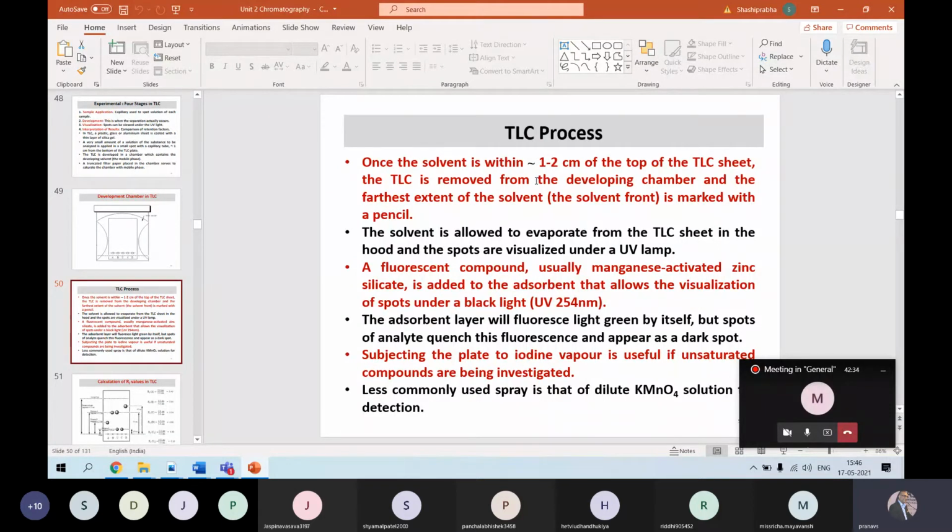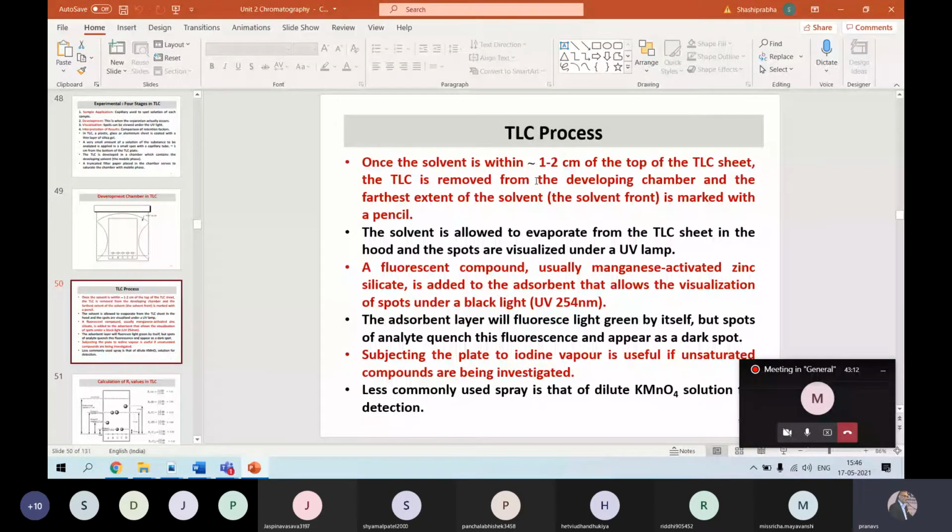So you close that system, you put your TLC plate, and wherever you find your spots, they will be visible as yellow colored spots because of oxidation. Iodine, we know, is an oxidizing agent, so it oxidizes all those analytes, and thereby you can see the spots. But the drawback is the moment you take it out and keep it out for some time, iodine will vaporize again, and then you may not be able to see. Of course, you can take a picture of it and store it, but this is one of the limitations.